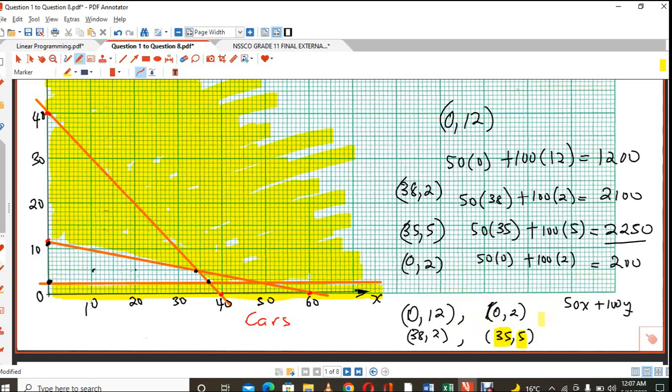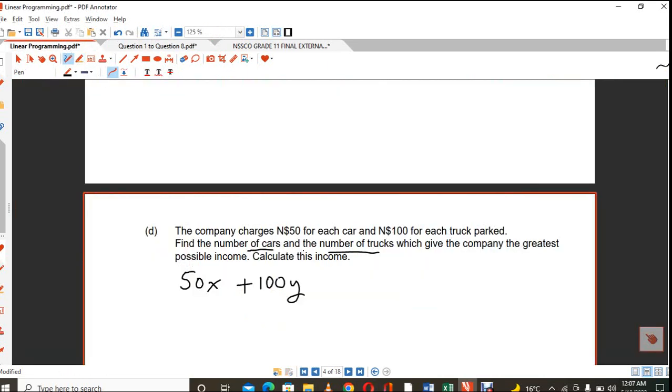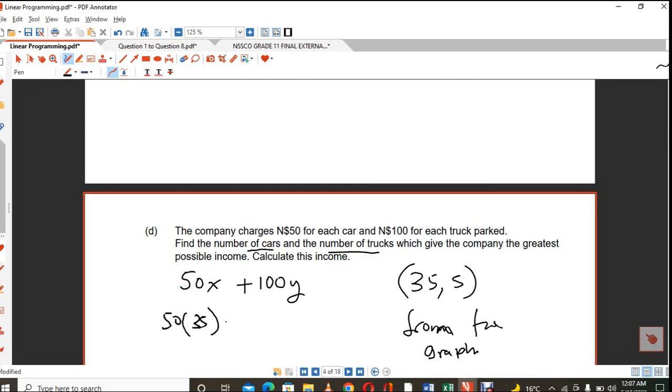Okay, so they are asking what is the maximum. Let's just go back to our question. They say calculate the greatest possible income, and I was saying it's the point 35,5, and I'm getting this from the graph, and substituting in 50 times 35 plus 100 times 5.